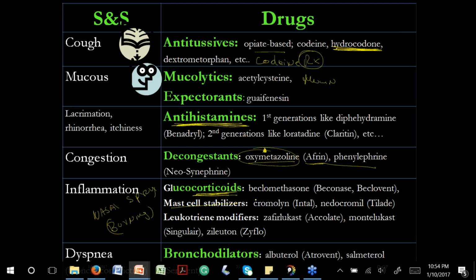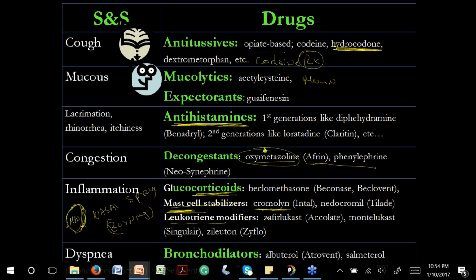Mast cell stabilizers are going to be cromolyn. You need to get familiar with this. Cromolyn stabilizes the mast cells. Mast cells have receptors for allergens, and when activated they release histamine. So cromolyn makes the receptors not respond to the allergy. Mast cell stabilizer.